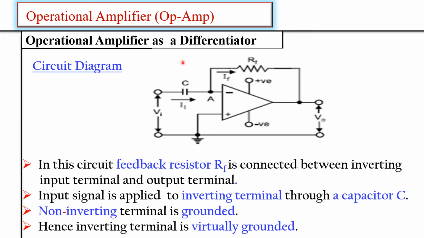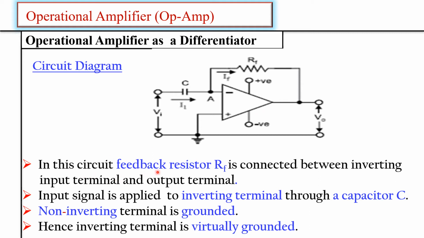Clear? So this is the circuit of a differentiator, where the capacitor is connected between the input and the inverting terminal of the op-amp, and a feedback resistor is connected between the output and the inverting terminal of the op-amp. So this is the circuit diagram of a differentiator.